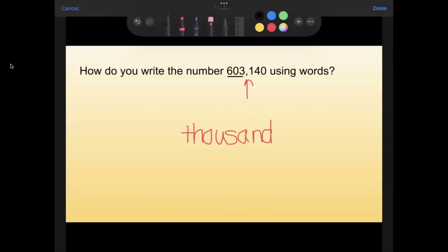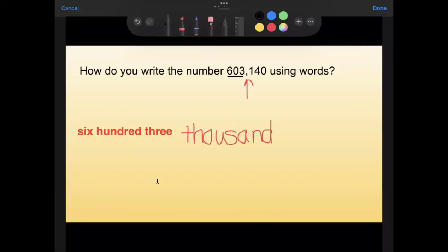So I'm actually going to type it just so it takes a little less room here, and I'll put it before my thousand. So I'm going to type 603. Oh, let me stretch it a little bit more. There we go. So what that means is there's 600s and 3 ones in that group, but that group is in the thousands place. So it's 603,000.